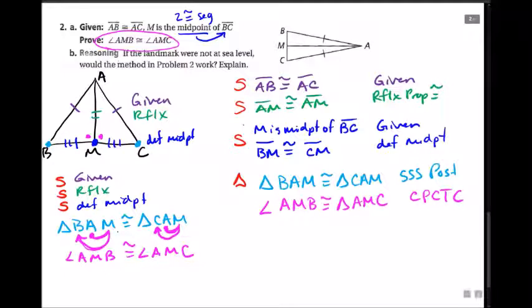The third side, I know I'm using definition of midpoint, but don't forget that you need the information from the given. We need to say that point M is the midpoint of segment BC. That was given to us because that allows us to say that the segments are congruent by definition of midpoint.